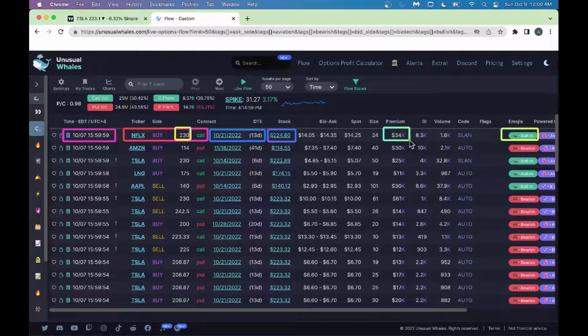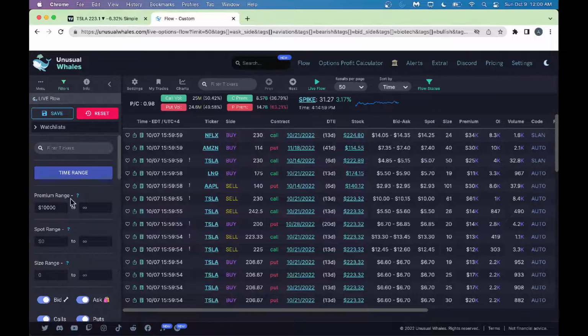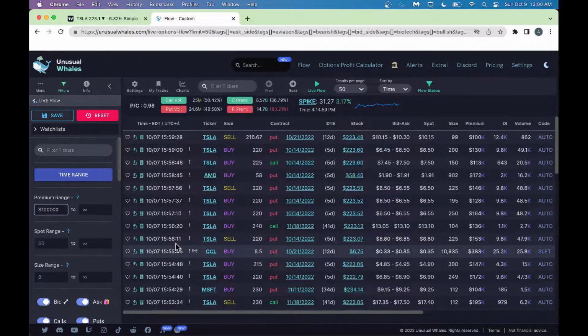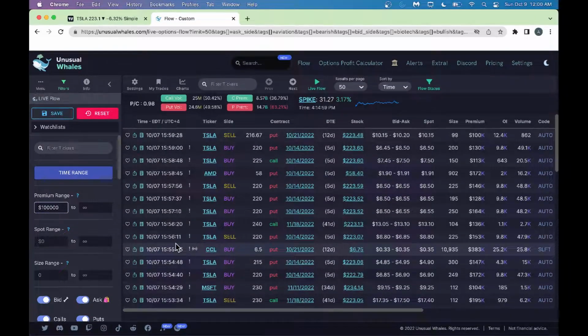For example, you might want to look at more premium. Many times, toward the end of the day, we could raise the premium here. I would say just go here and raise the premium, and instead of 10,000 as you have it here, make it 100,000. So let's look at some big players here. The moment you make it 100,000, look, we got a bunch of Tesla at the top here.